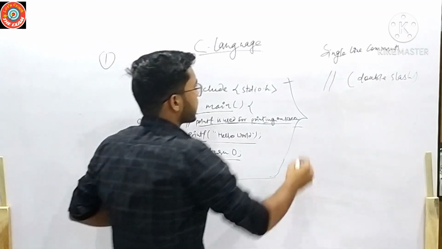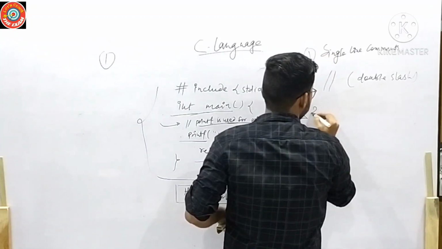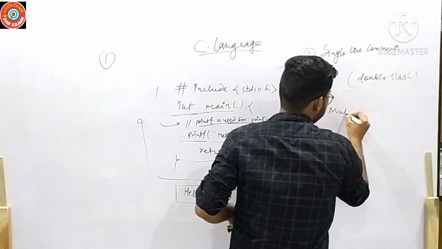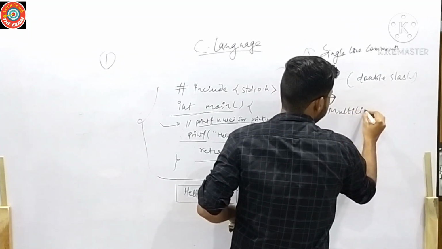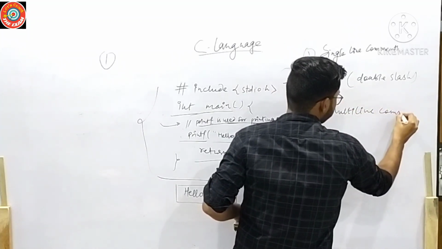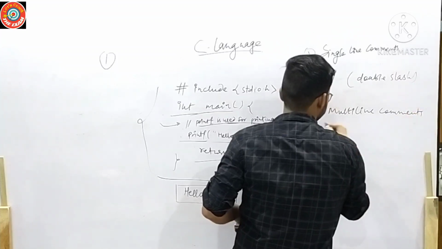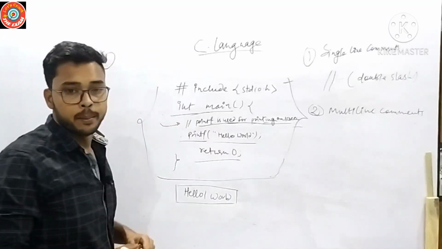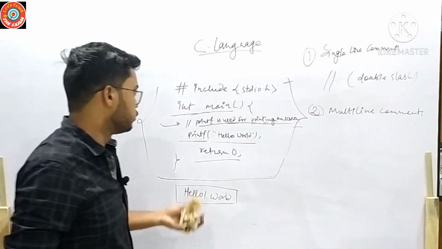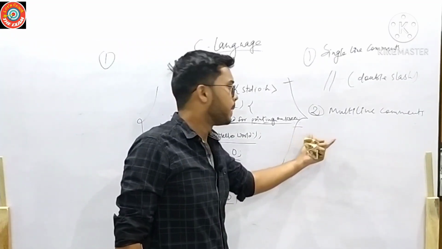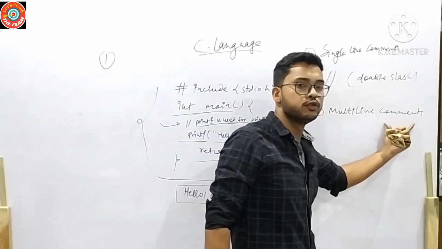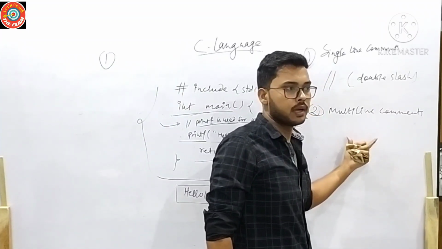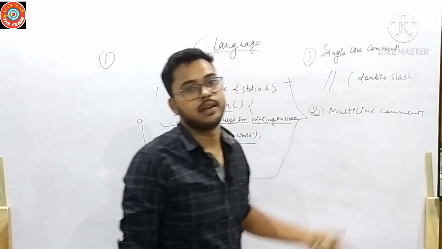Now the second is the multi-line comment. A multi-line comment is used where you want to comment out more than one line.